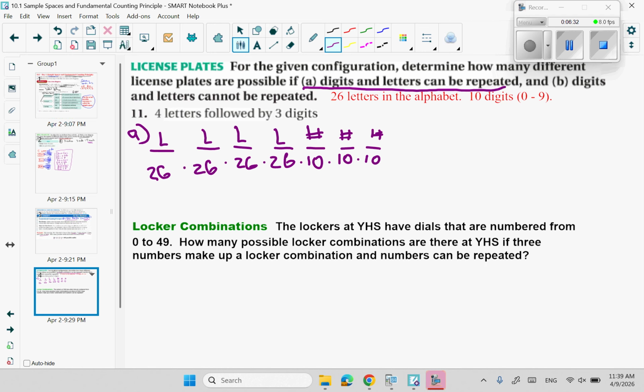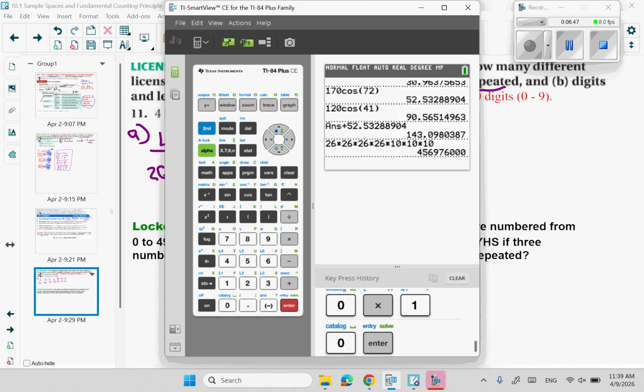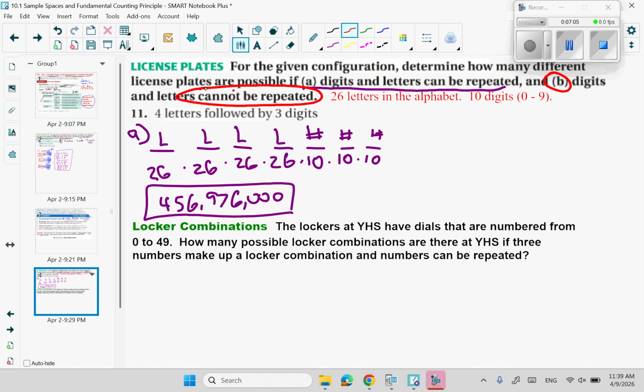The fundamental counting principle says I multiply all those numbers together. So we get 26 times 26 times 26 times 26 times 10 times 10 times 10. So we get 456,976,000 for part A.